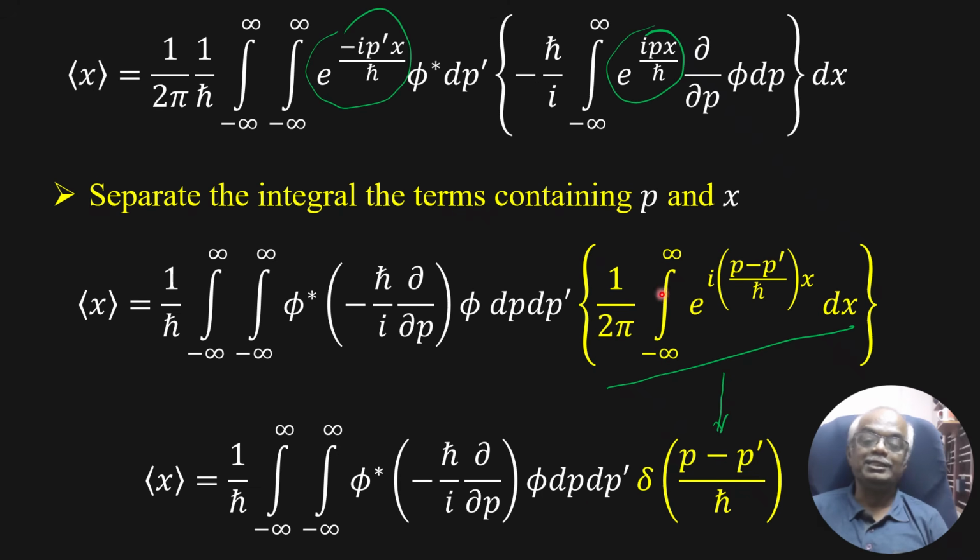Because we have calculated this integral, we have left out only these two integrals. Here we have already taken 1 over 2 pi, then 1 over h, then the double integral of psi star, this minus h cross over i delta over delta p of pi, and we integrate with respect to p and p prime. Of course, we have this delta function.